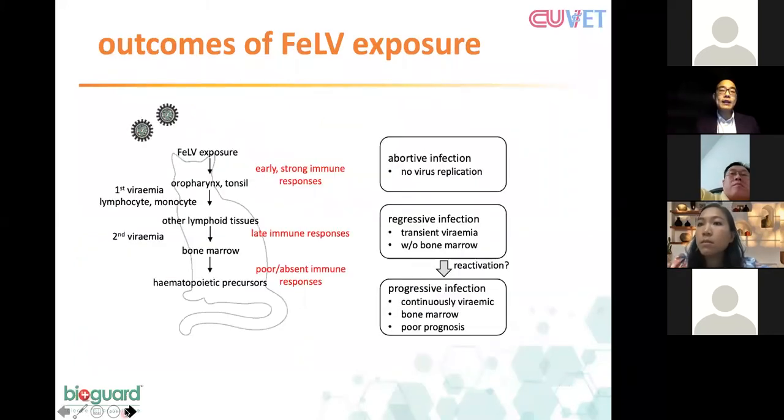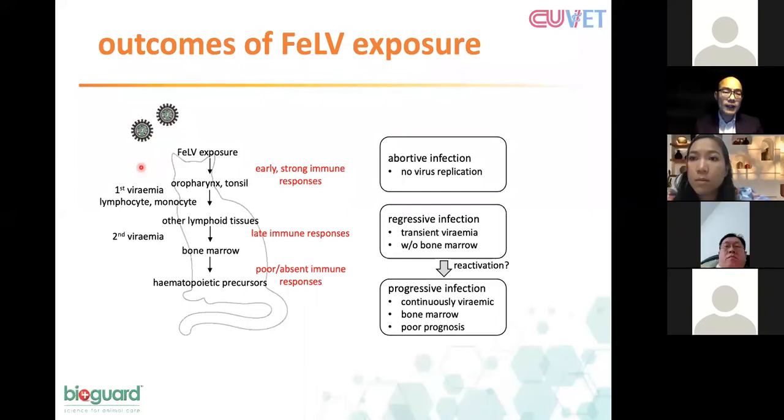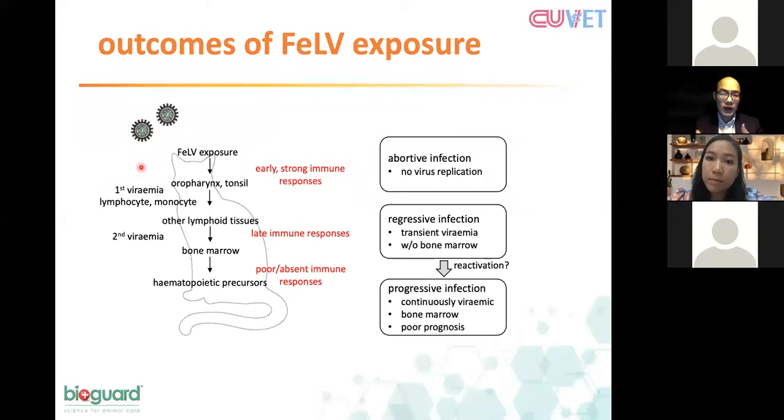Now let's look at the outcome of FeLV exposure. As I mentioned earlier, FeLV transmits via saliva and intimate interaction between cats, such as grooming. The virus first gets into the cat via oronasal exposure and starts replication in the oropharynx and tonsil.